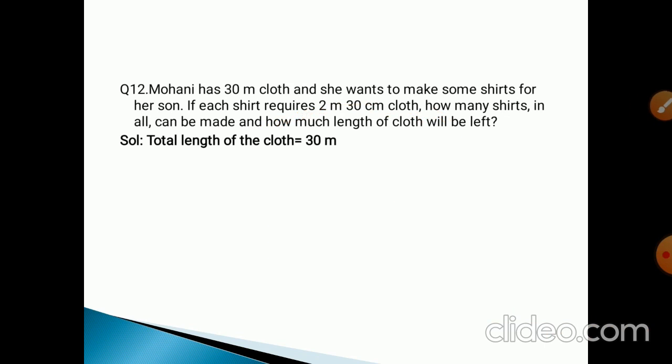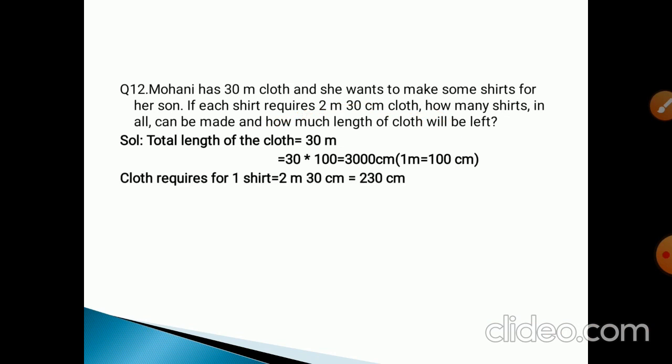First we will convert these meters into centimeters, and we know that 1 meter equals 100 centimeters. So 30 meters will be equal to 3000 centimeters. Now one shirt requires 2 meters 30 centimeters, which will be equal to 230 centimeters.